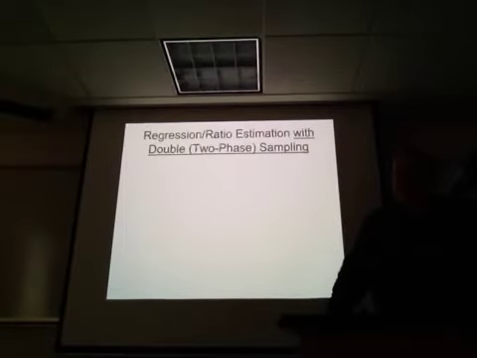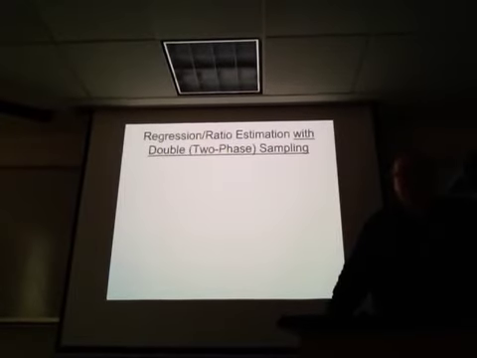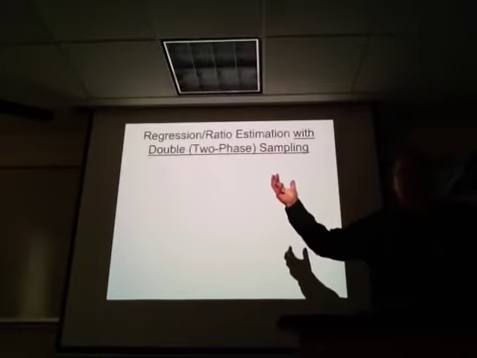Remember what we assumed with regression ratio estimation, pure up straight regression ratio estimation, was we just did simple random sampling. We didn't change the plan. Here we're going to change the plan and use the ratio regression estimators. So why?